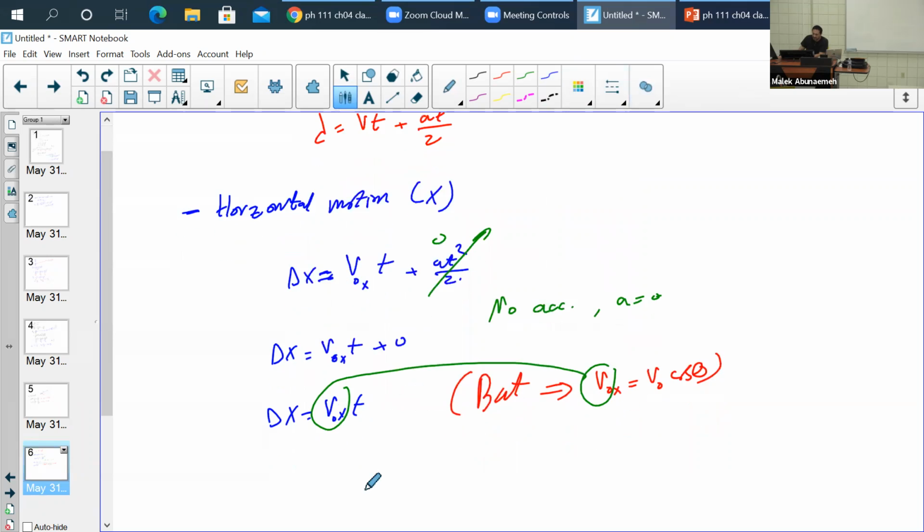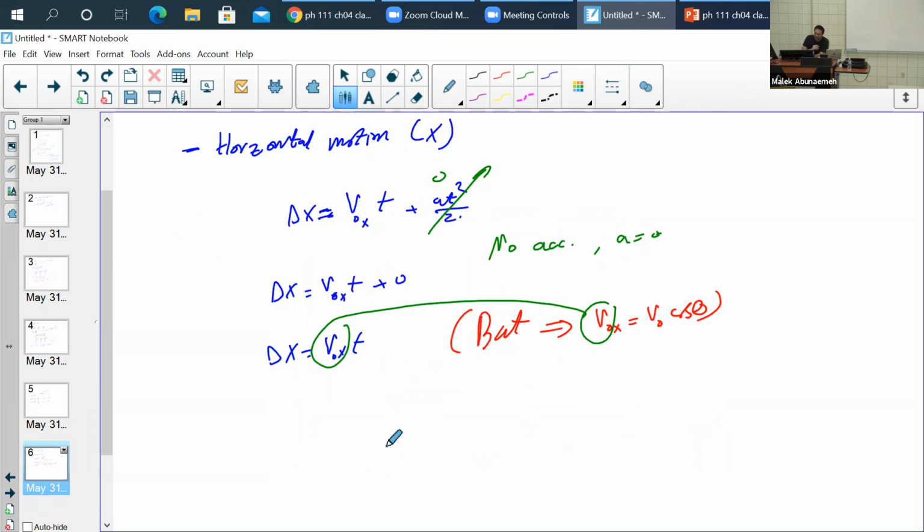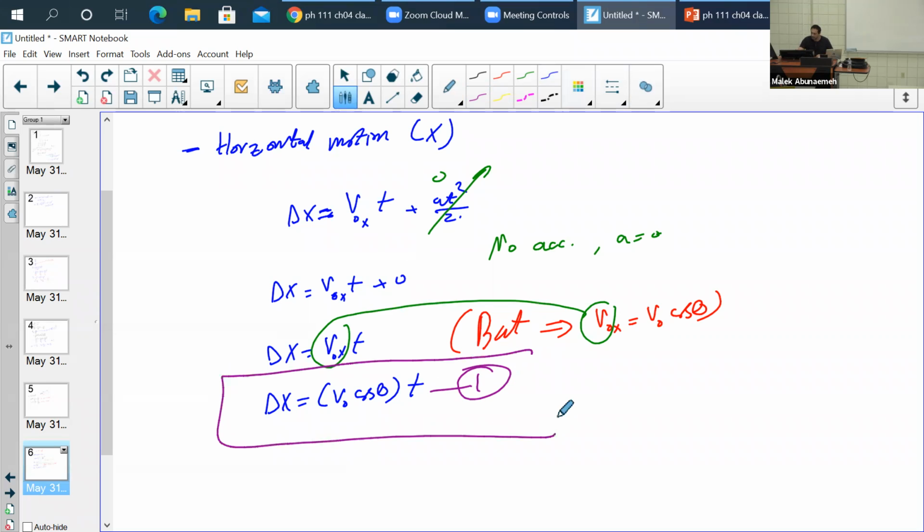What you're going to have is your delta x equals your v naught cosine theta multiplied by t. Let's call this equation 1.